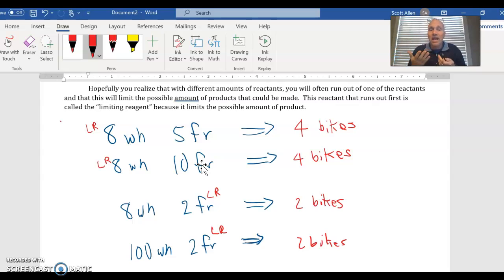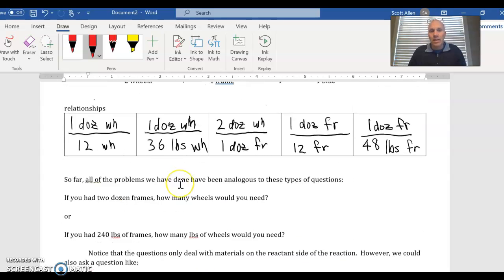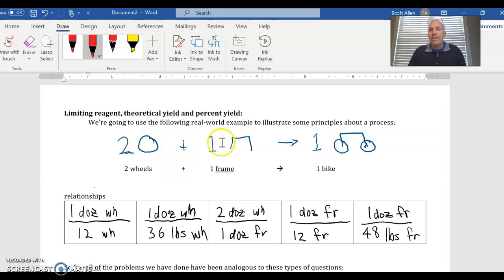It's not the total weight of the wheels that matters, it's how many wheels that matters. Because when you're looking at your balanced reaction, this isn't saying 2 pounds of wheels plus 1 pound of frames. It's saying 2 individual wheels and 1 individual frame. So these are quantities.